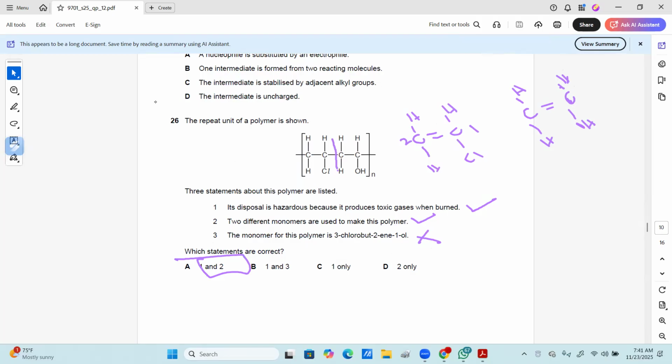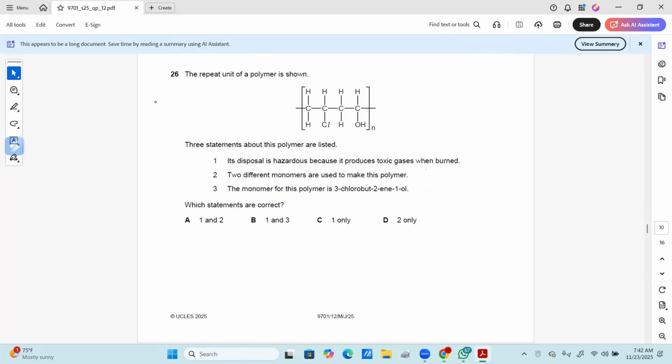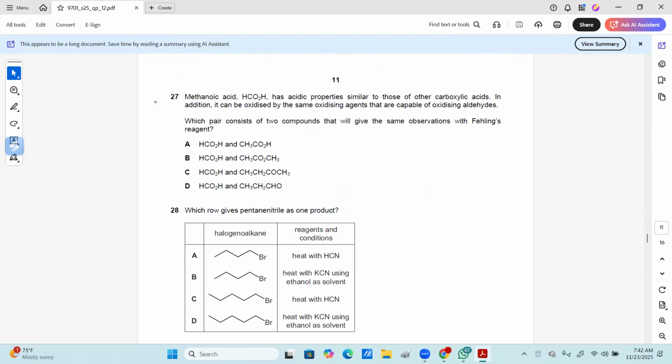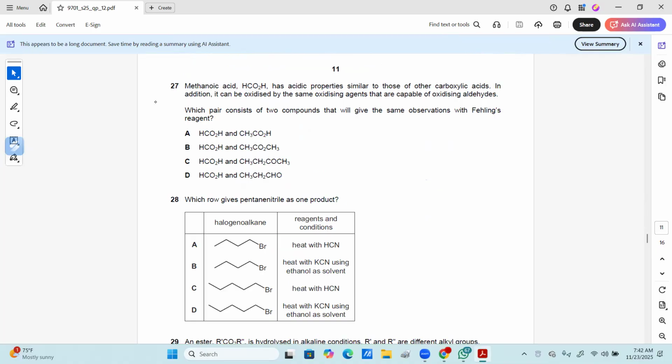Methanoic acid has acidic properties similar to those of other carboxylic acids. Which pair consists of two compounds that will give the same observation with Fehling's? Okay. So methanoic acid, remember that it also has an aldehyde group, right? And for Fehling's, it should be an aldehyde.